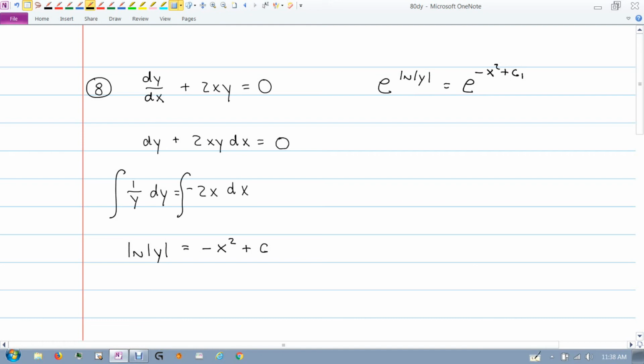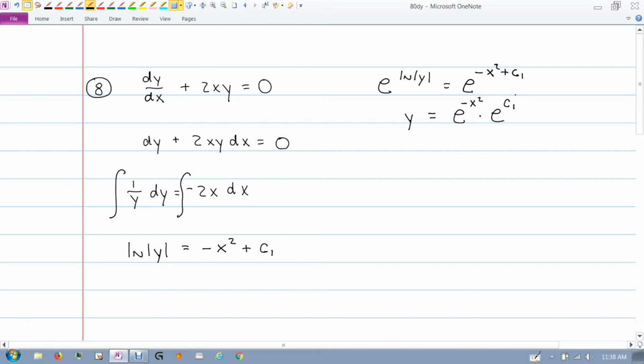And let's do that c1 again. You don't have to do that, okay? It's totally up to you there. Okay, so now this splits up again, e to the negative x squared, and then times e to the c1, like that.